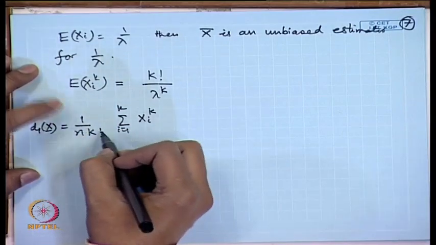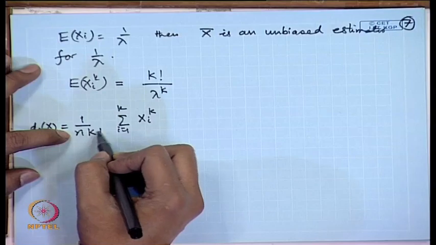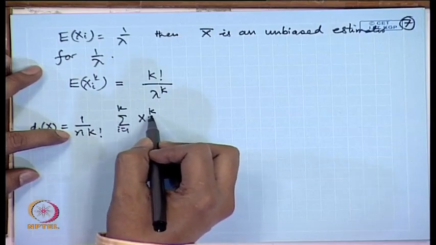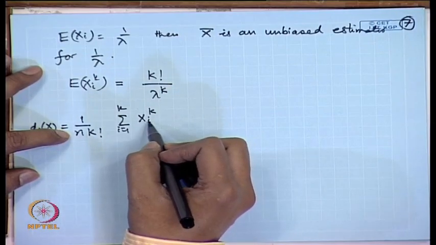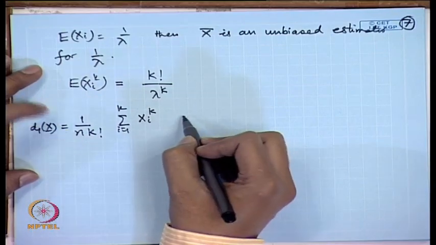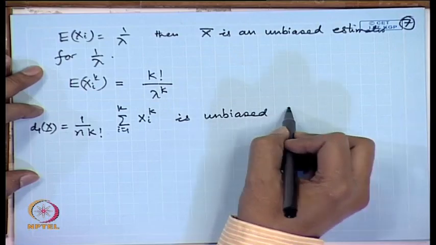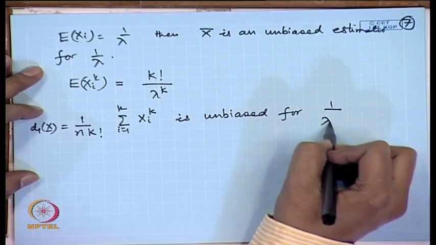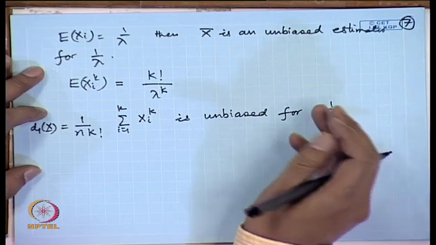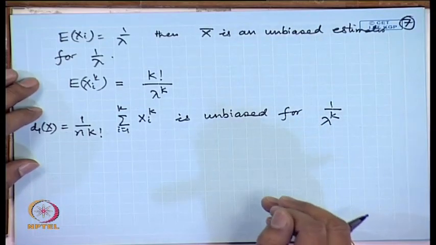Then expectation of this, if you consider, will become 1 by (n k factorial), and this will become k factorial by lambda to the power k, n times. So, then this becomes unbiased for 1 by lambda to the power k. That shows that moments of any order can be evaluated in the case of the exponential distribution, so we can obtain unbiased estimators for each of them. These and other topics we will be covering in the forthcoming lectures.